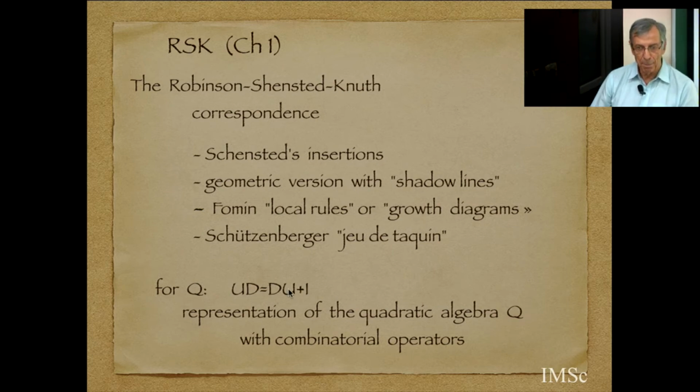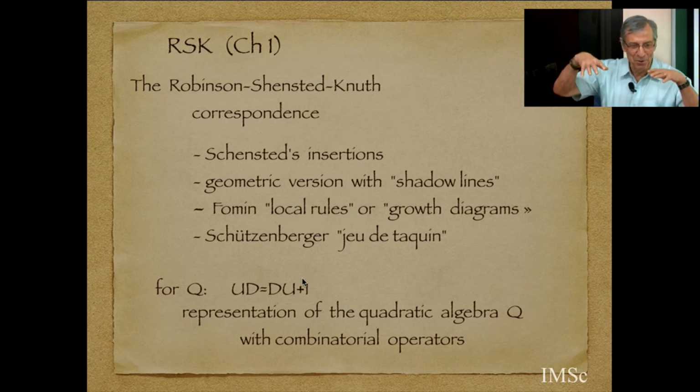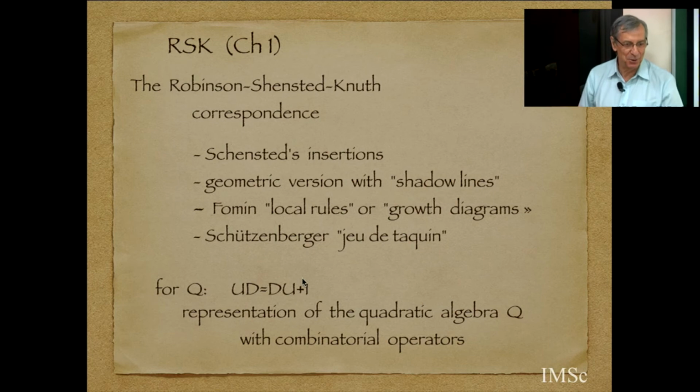The Q tableaux are permutations, and from a representation of this quadratic algebra, we can define, following Fomin's idea, a correspondence which is exactly RSK. So it's good to make an overview, to go above these classical things, and to understand what is the main ingredient, to try to apply the same things to other quadratic algebra.